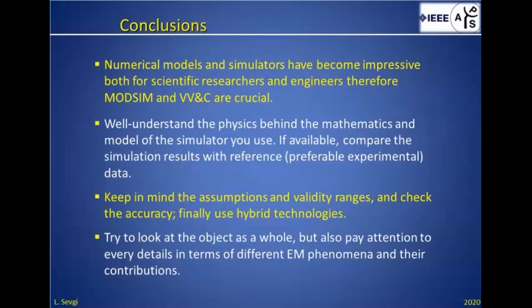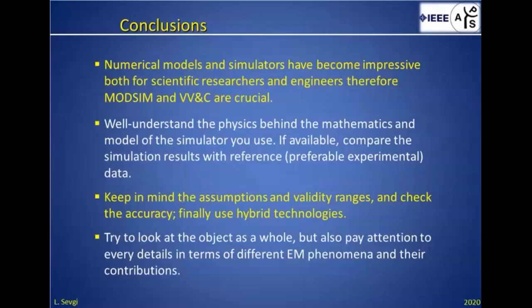We need to well understand the physics behind the mathematics and the model of the simulator you use. If available, we need to compare the simulation results with the reference, preferably experimental data. Always keep in mind the assumptions and validity ranges, because most of them are approximate, and check the accuracy. And finally, use TUBITAK technologies.